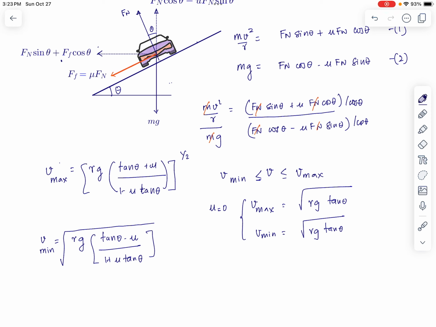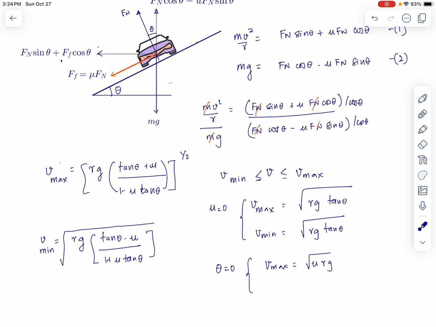So let's look at the situation where theta is 0. When theta is 0, then tan theta is 0. Okay, so both these terms are 0. So we get Vmax equals mu times Rg, and we take the square root of that. Now the interesting thing is that there is no Vmin here.